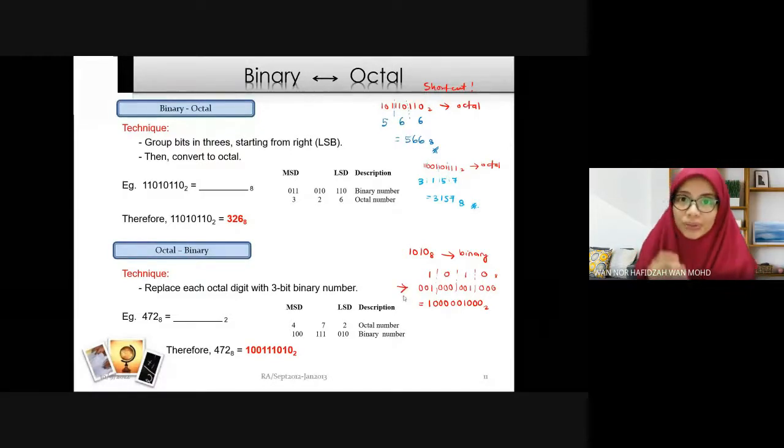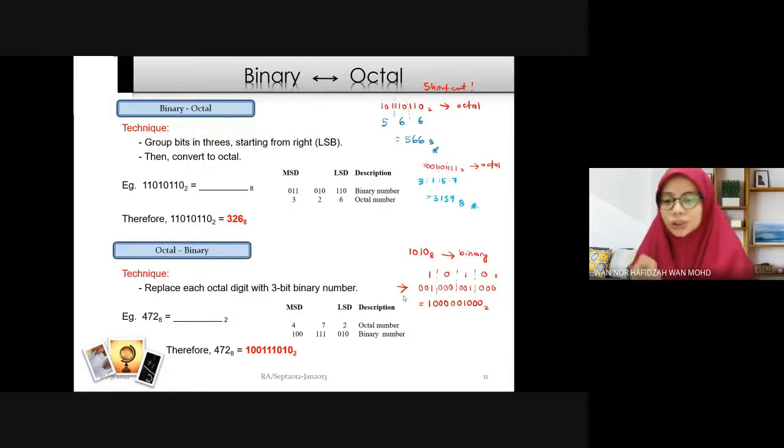So you need to show that each octal digit should be replaced or be represented by 3-bit binary. That's working method. Okay, but then when you want to write the final answer, you boleh eliminate the 0. Okay, the 0 digit you can eliminate. So you start with 1. Boleh faham? Can you get it?